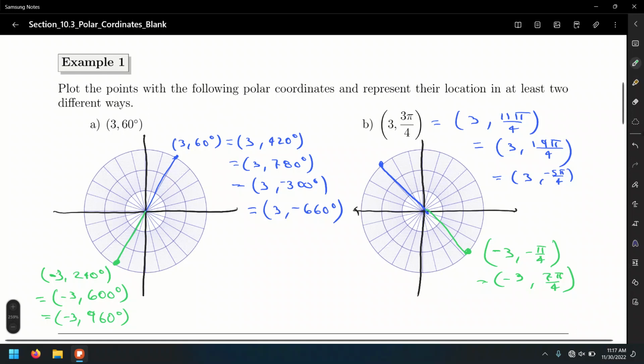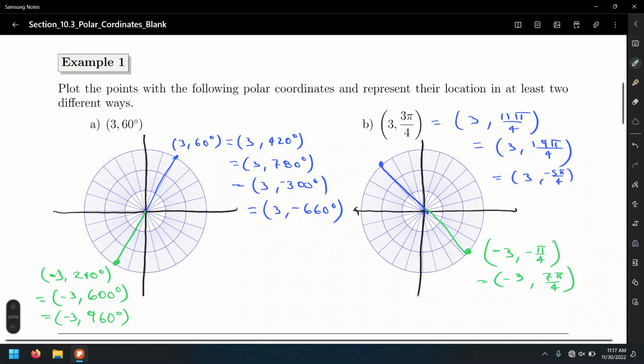Now, right now, what we have done is just see how it works to plot points in the polar system. However, what if we are working on a system, say the rectangular system, and we want to know what's the equivalent point in the polar system, or vice versa?